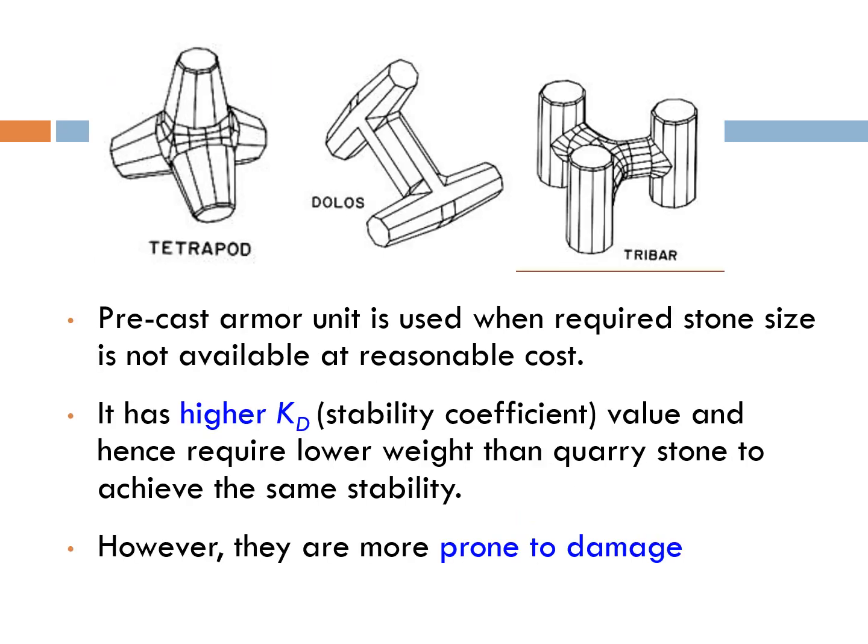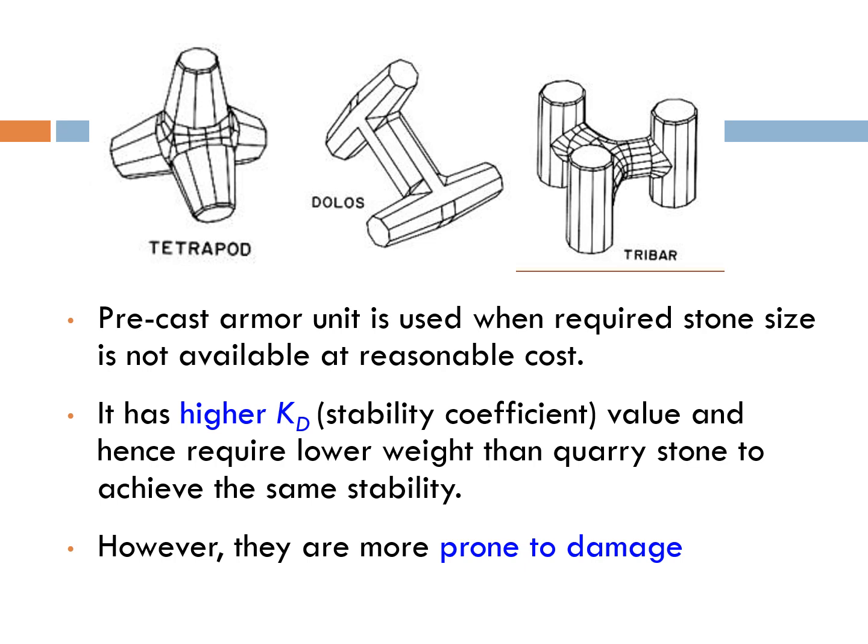If quarry stone of the required size cannot be obtained at reasonable cost, then precast armor units may be chosen for rubble mound structures. Here we see some of the common precast armor unit designs, such as tetrapod, dolos, and tri-bar.